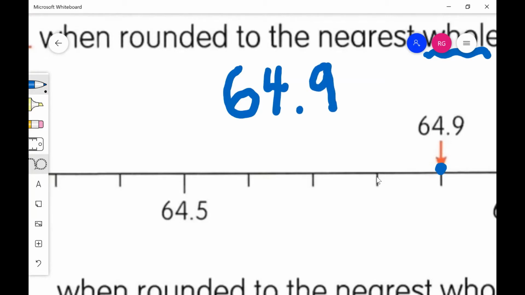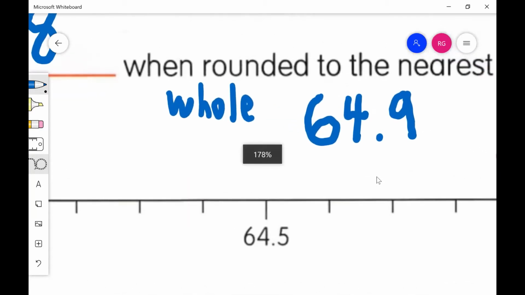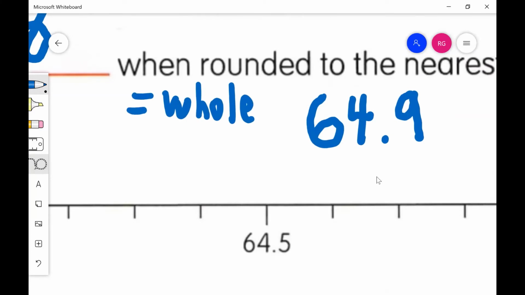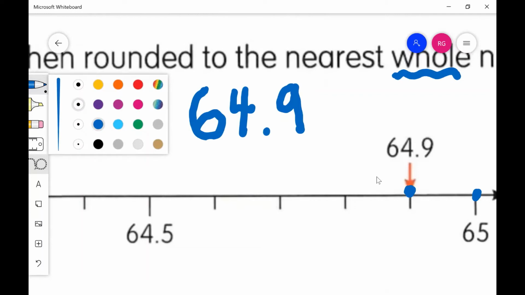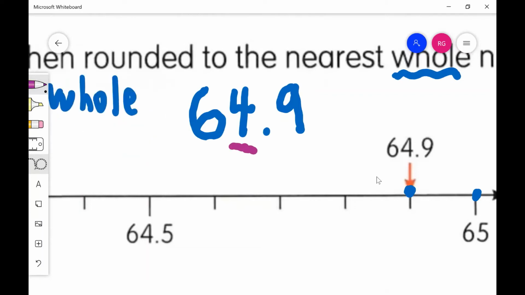Is it 6, 4, or 9? You can think of whole as kind of like the ones digit. So which digit is in the ones? Is it the 6, the 4, or the 9? 4. Yes.